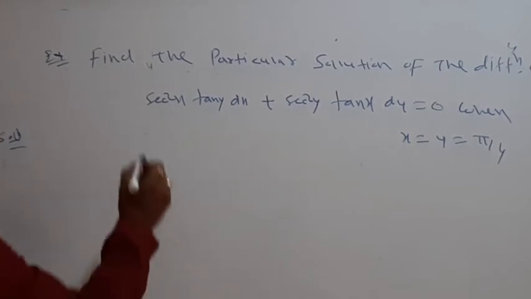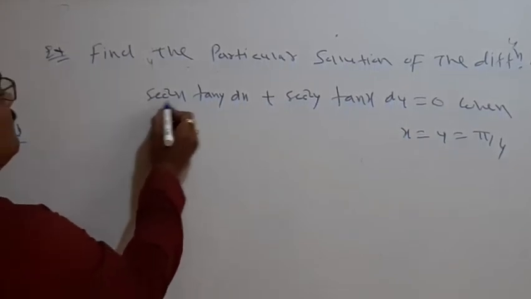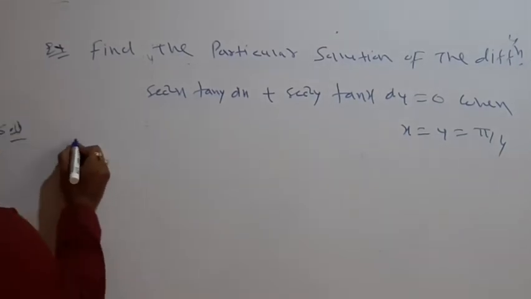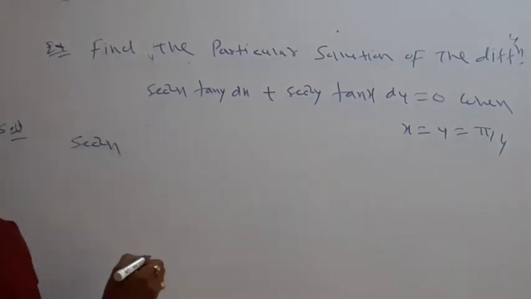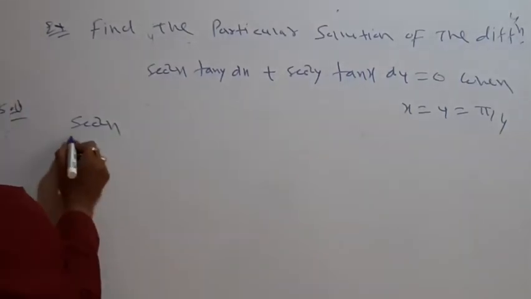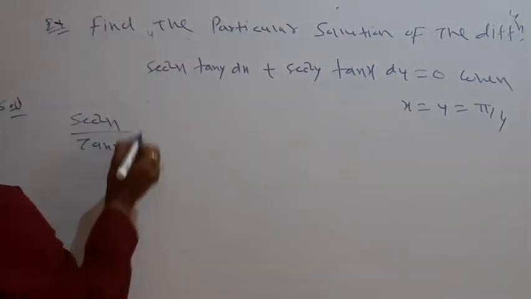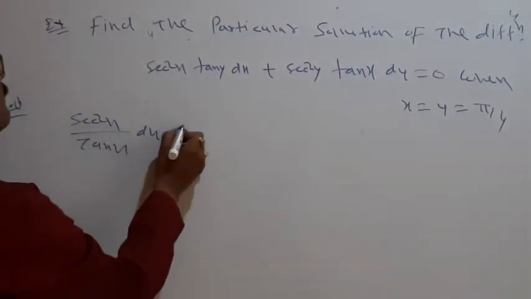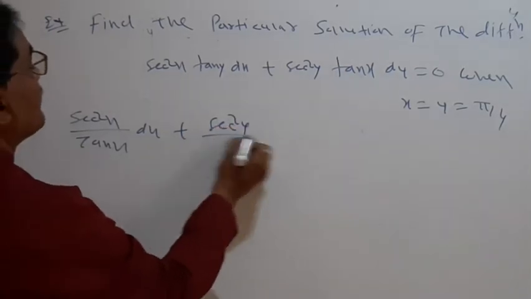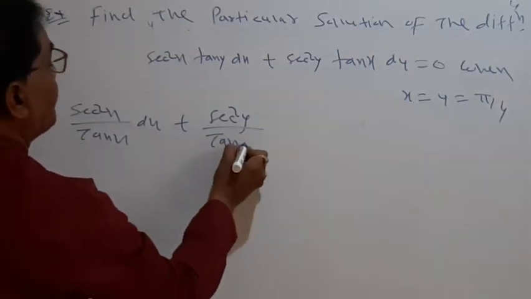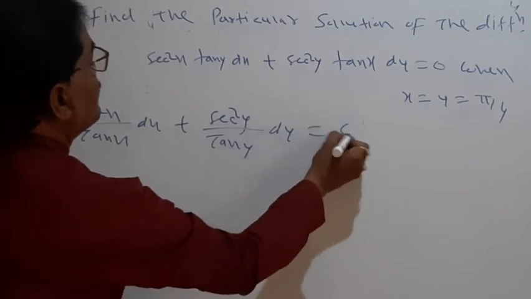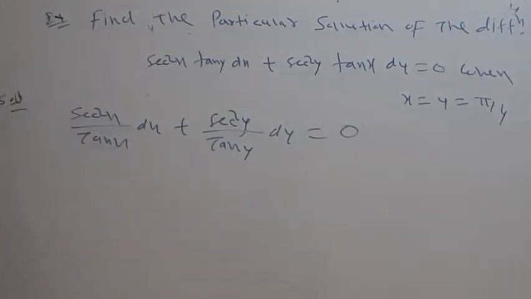First of all, convert into variable separable form, that is sec square x divided by tan x dx plus sec square y divided by tan y dy is equal to 0. This is the variable separable form.